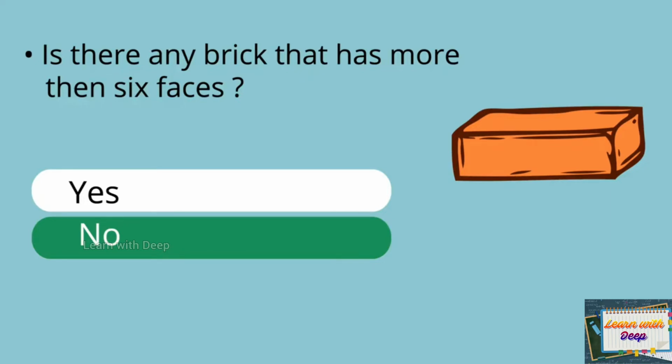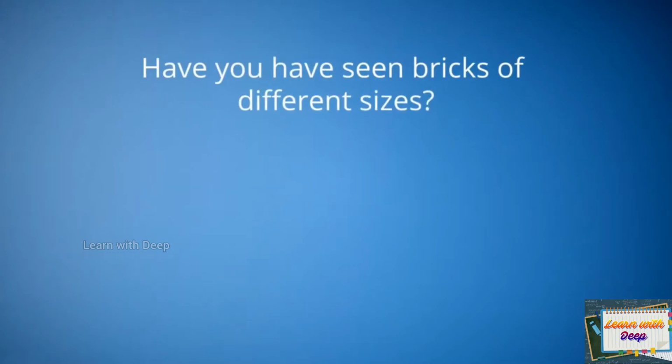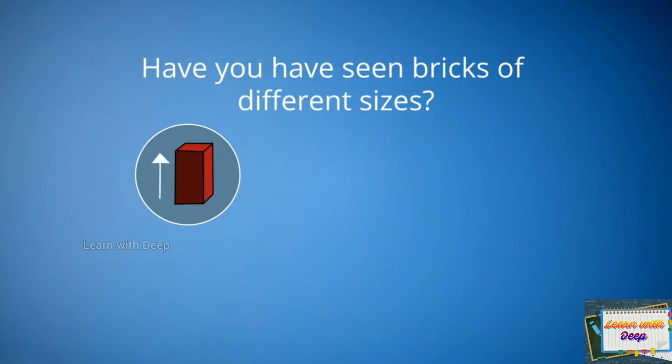Now, find the shape of the brick. Have you seen bricks of different sizes? Let's try and do this activity. Okay, let's try. Take one brick and measure it. First, find out its length.